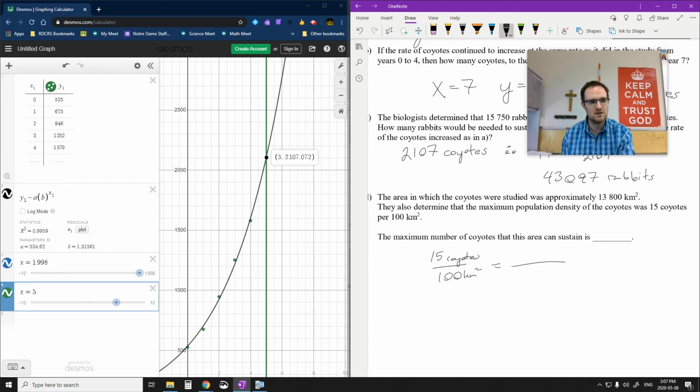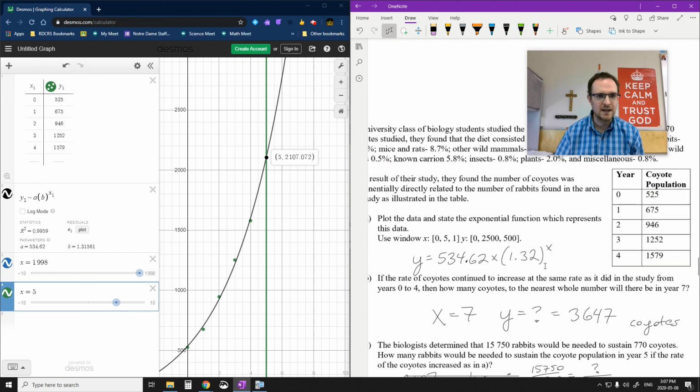On the other side of the ratio, I'm just going to put 13,800 and then do a little cross multiply, divide here. Okay, so 13,800 times 15 divided by 100. So this would be 2,070 coyotes.